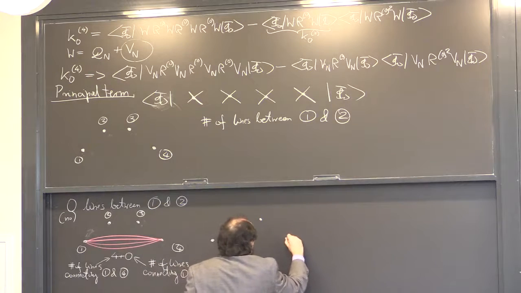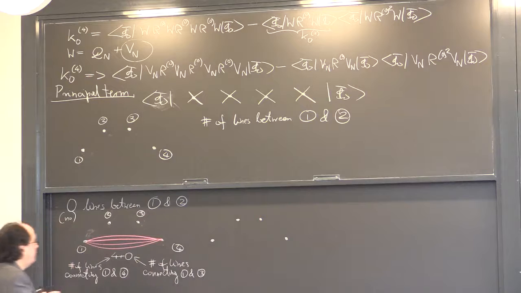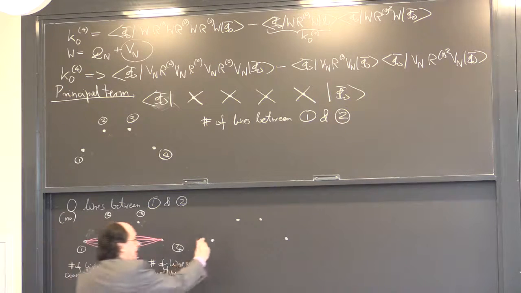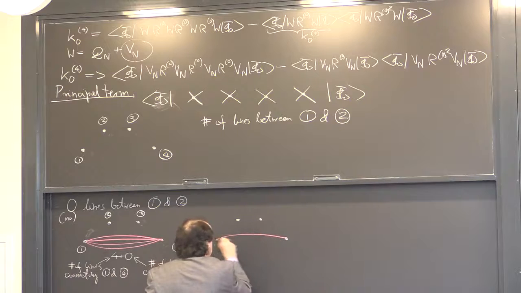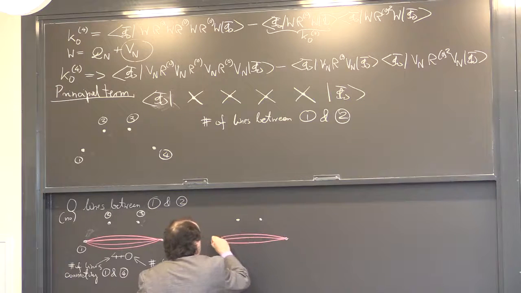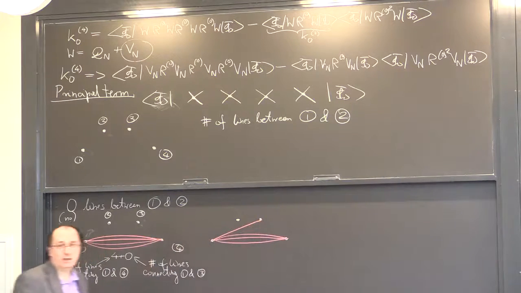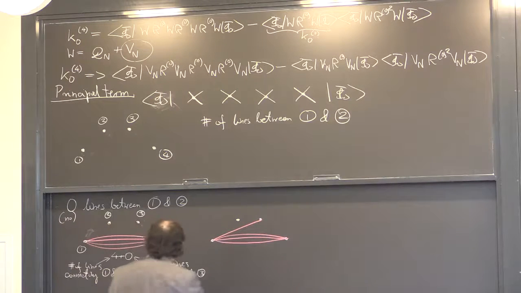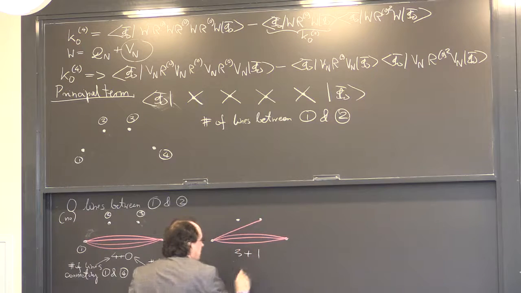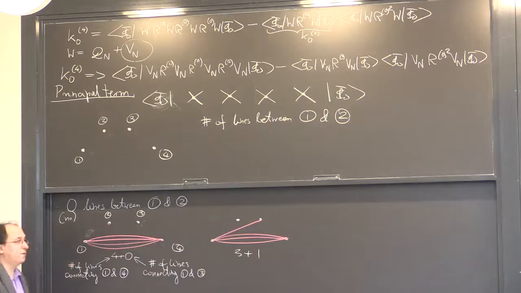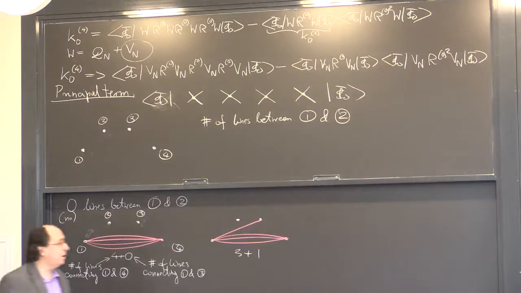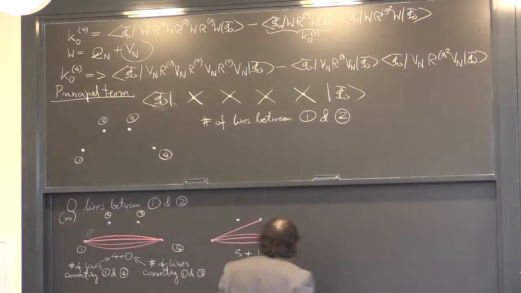Within this notation, I would have other cases belonging to the same big category, with no lines between 1 and 2. I can have 3 lines going to 4 and 1 line going to 3. According to this notation, I'm going to call this 3 plus 1, meaning 3 lines go from 1 to 4, and 1 line goes from 1 to 3.